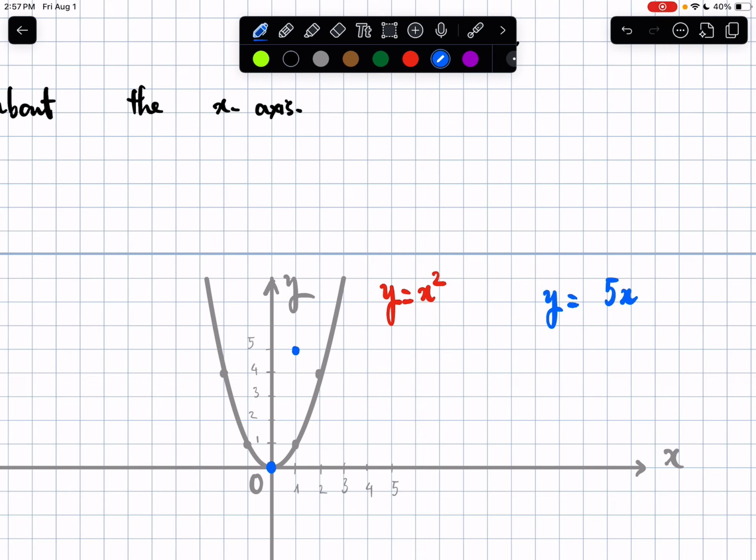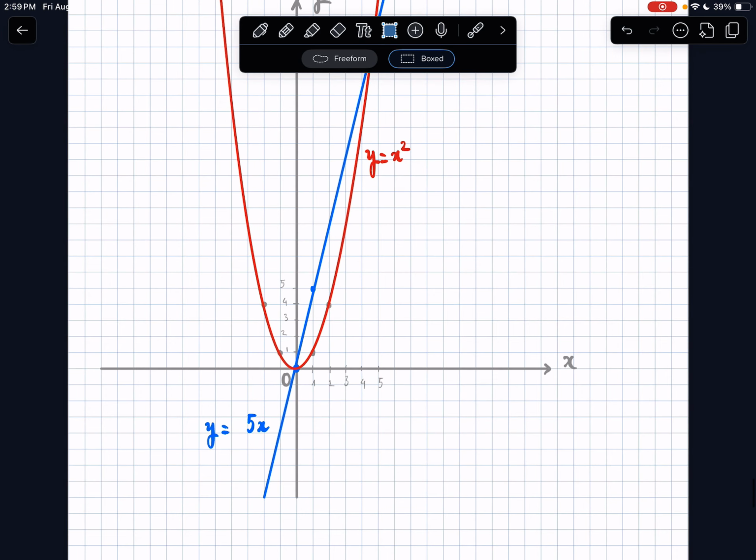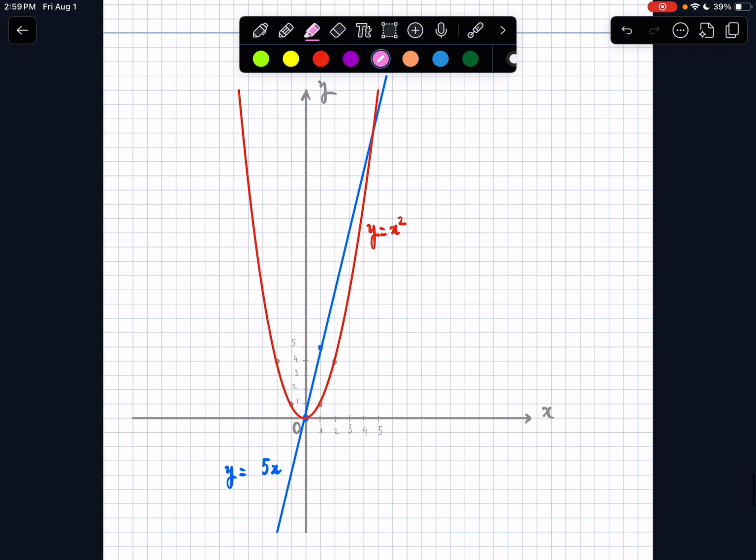The line goes through the two points. Okay, so the region we have is this region in the first quadrant, bounded by the two curves, the red and the blue one.